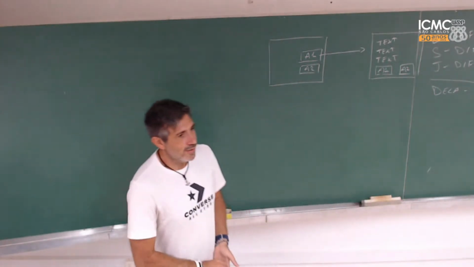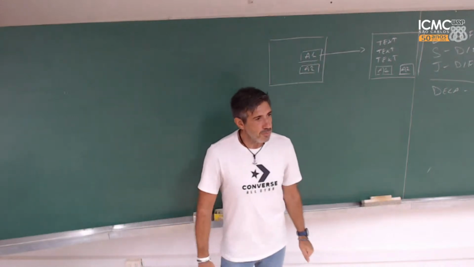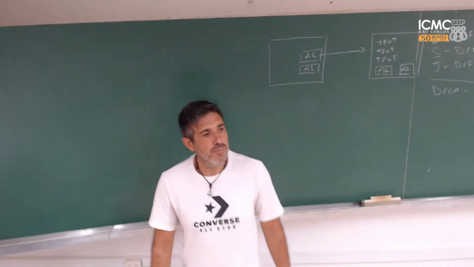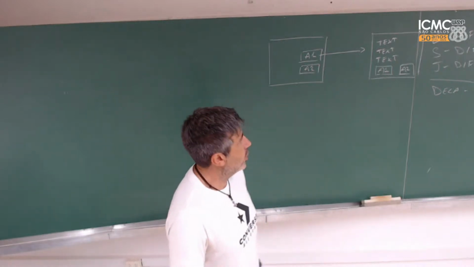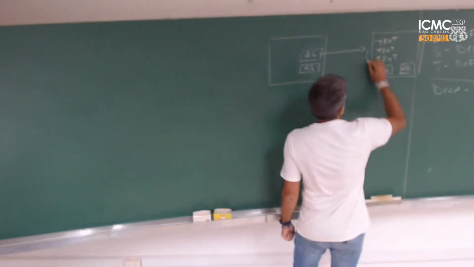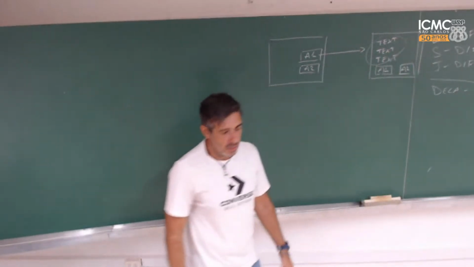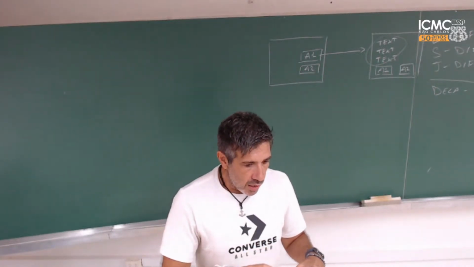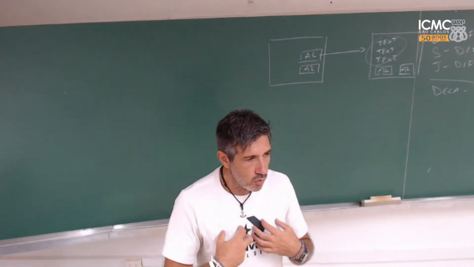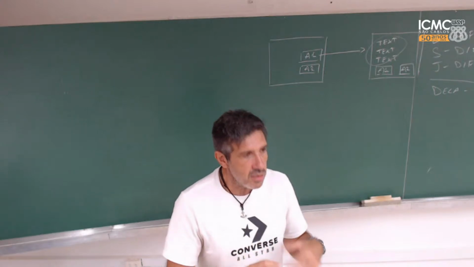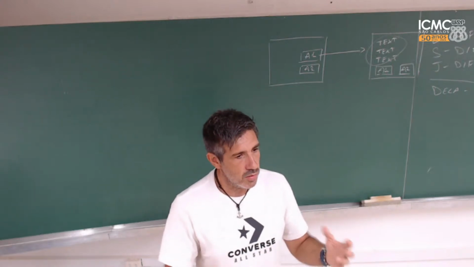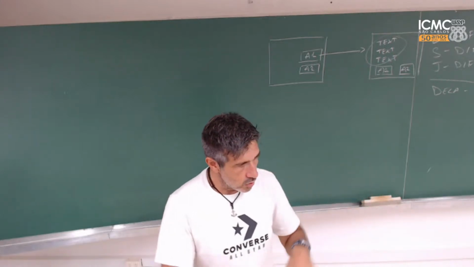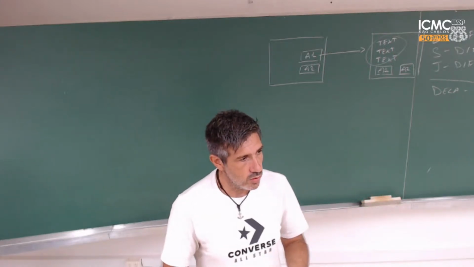Question: how can you guarantee that the text has no events related to it? This is a good question, but it is an engineering problem. From my point of view, it is a reverse engineering problem. If you remember the slide at the beginning, the robot also does a reverse engineering process.